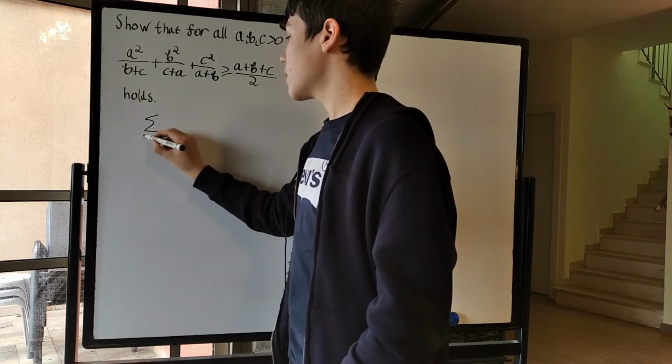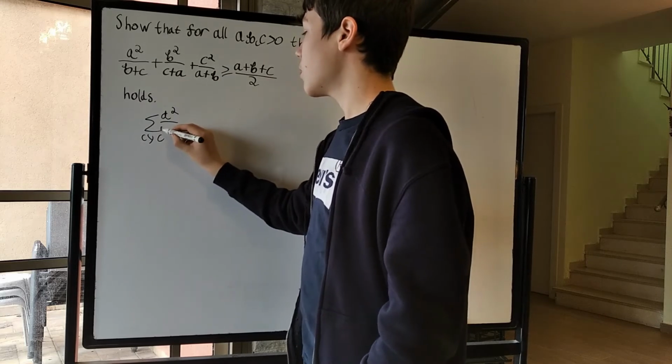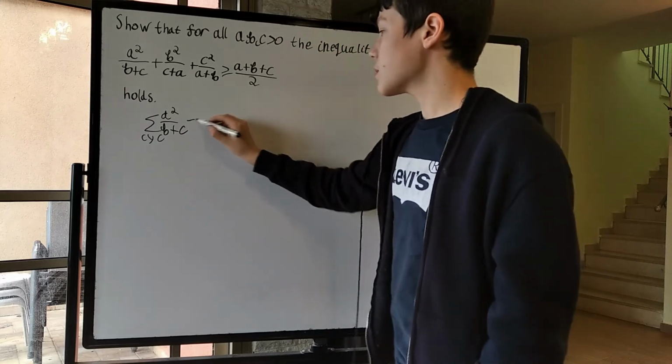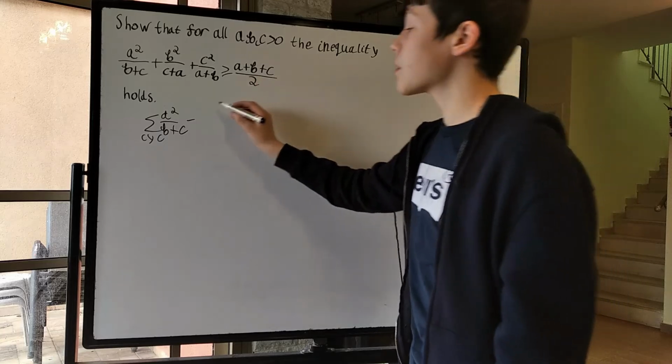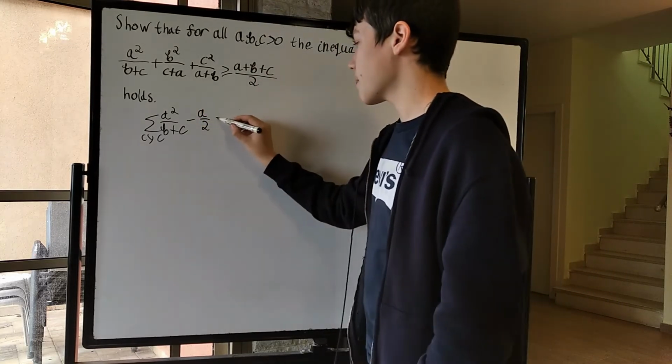So we have the cyclic sum of a squared over b plus c, and then we want minus this, which is just the cyclic sum of a over 2, so I can just bring a over 2 into this cyclic sum.